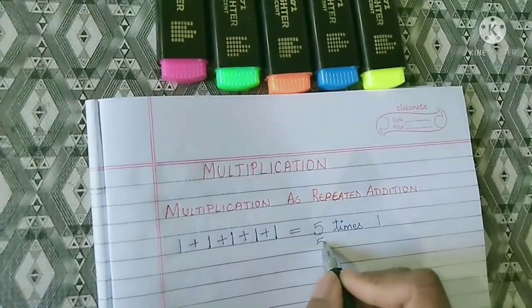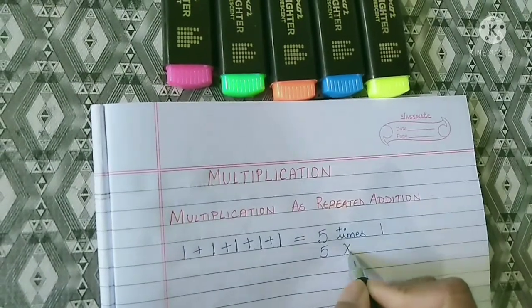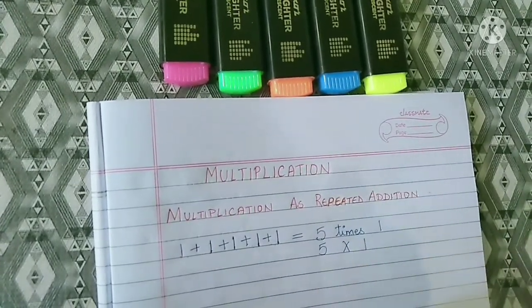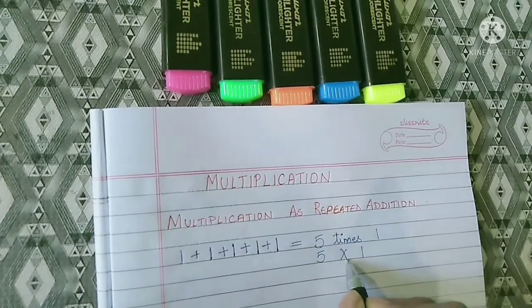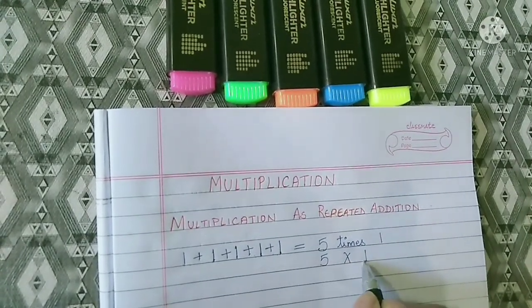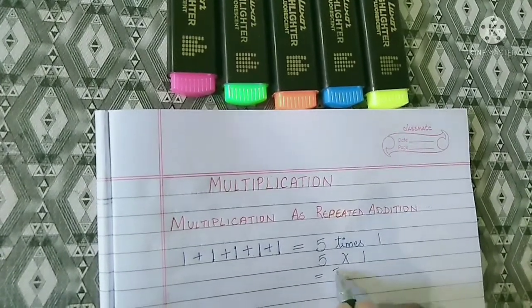Then we can write 5 times, which means we can put the multiplication sign: 5 multiply 1. That is 5 ones are 5.